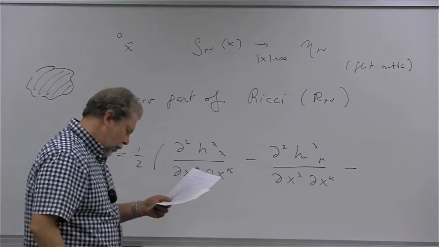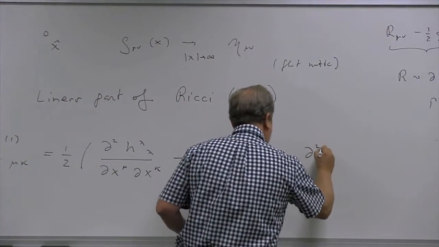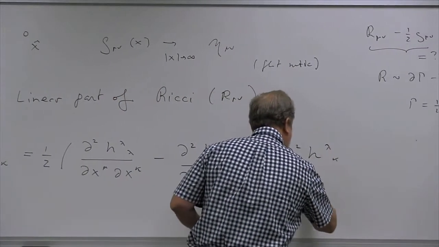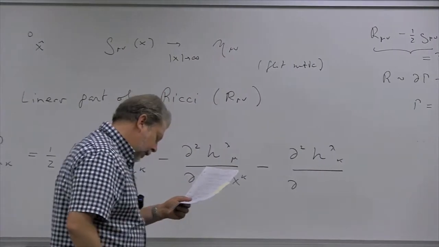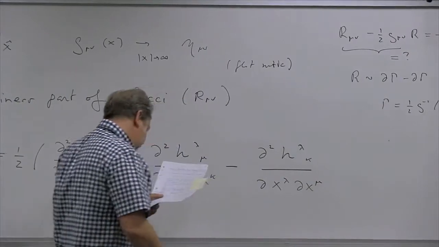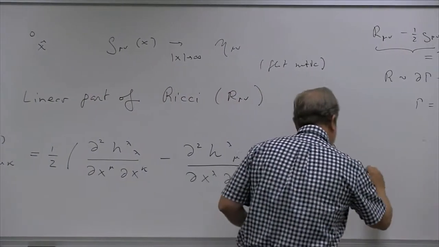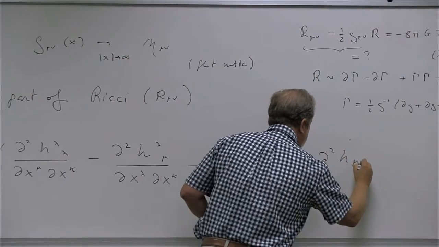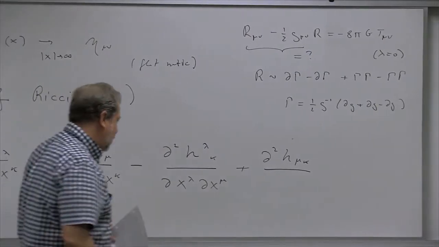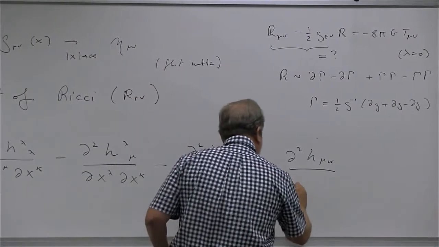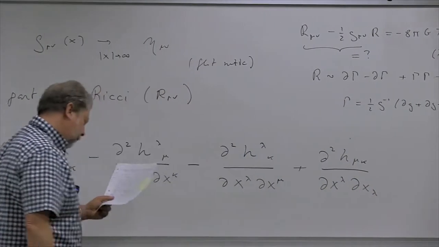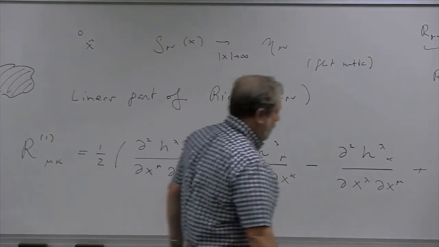Then another term, the second derivative of h_lambda_kappa with respect to x_lambda and x_mu, and then plus the second derivative of h_mu_kappa with respect to x_lambda twice, one upstairs and one downstairs. And then close parenthesis.